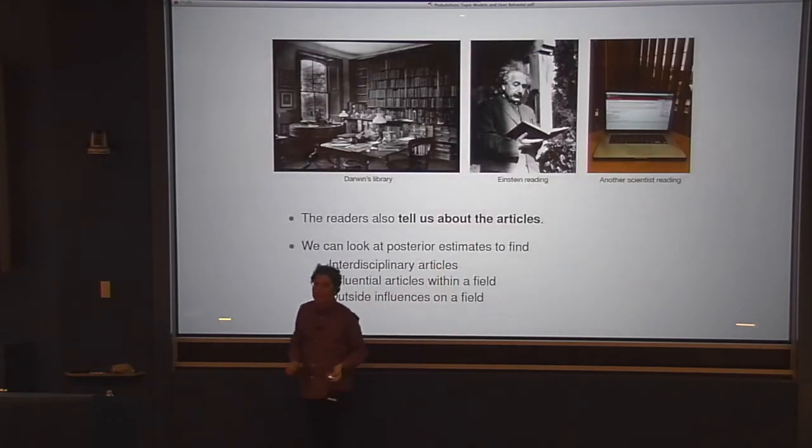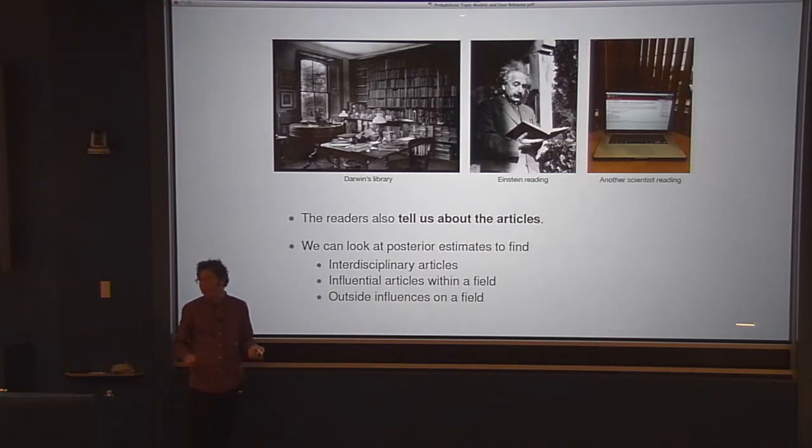This is how many of us read nowadays, by looking at the archive and reading articles. Having this data of which articles are in which people's libraries can help us find things like interdisciplinary articles, articles that people in one discipline are reading that aren't about that discipline, influential articles within a field, articles that, well, I'll explain what these are in a second, and outside influences on a field.